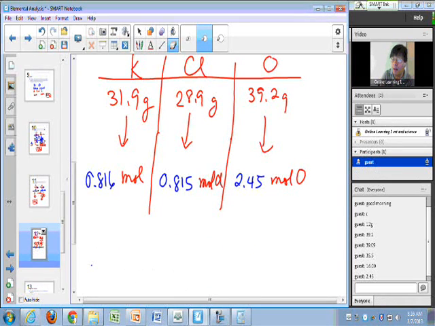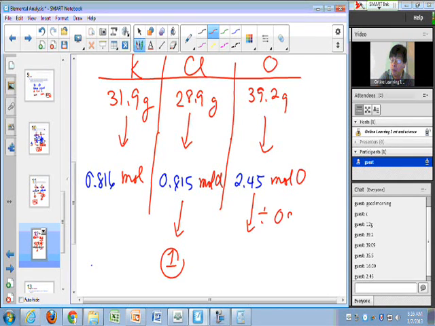And now that we have the mole to mole ratio, what do we divide these by? Which one is the smallest number? Okay, so you divide all of these by 0.815. So this is going to be a 1. This one divided by 0.815 is 3.00, and 0.816 divided by 0.815 is 1 point something.